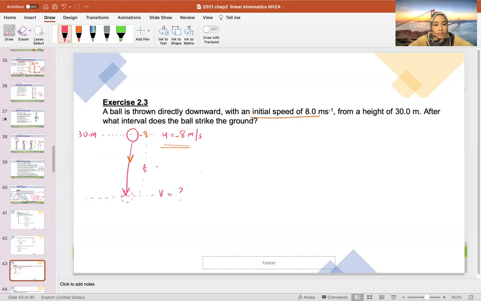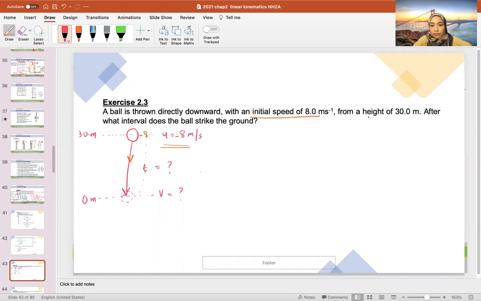What about my displacement? So this is the height, 30 meter. And let's say this is 0 meter. Is this correct, labeling it like that? Right or wrong? It's reversed. So the top is zero, the bottom is 30.